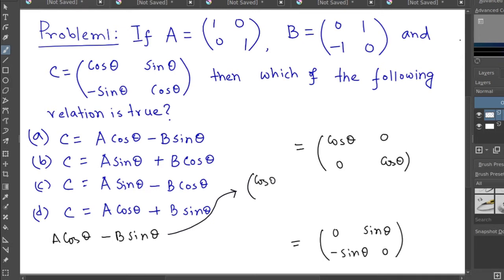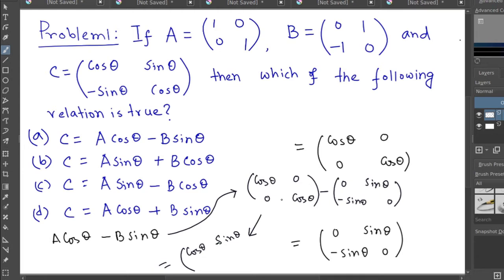So it would be cos theta 0 0 cos theta minus 0 sin theta minus sin theta 0, which would be equal to cos theta, sorry, minus sin theta, because the minus sign is there, minus of that, plus sin theta and 0.